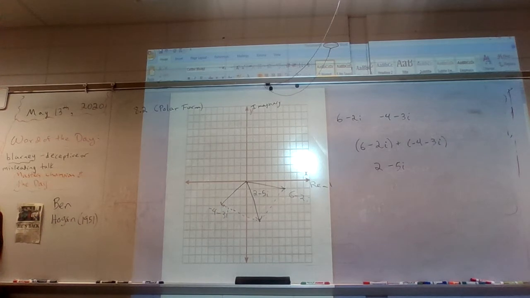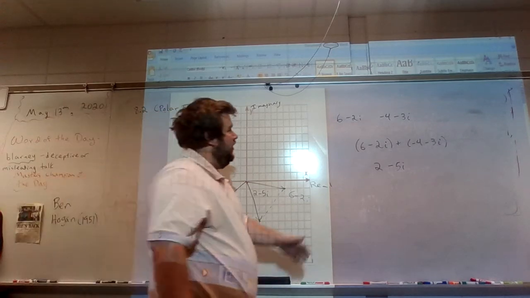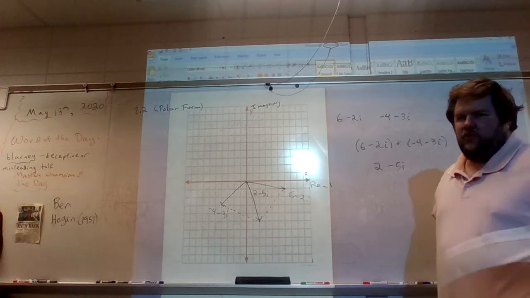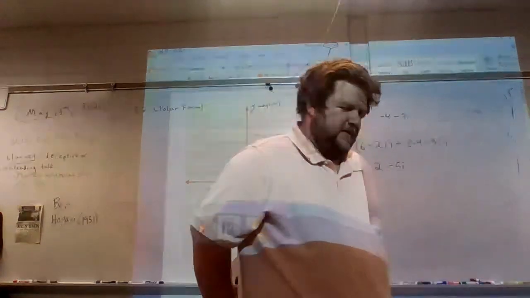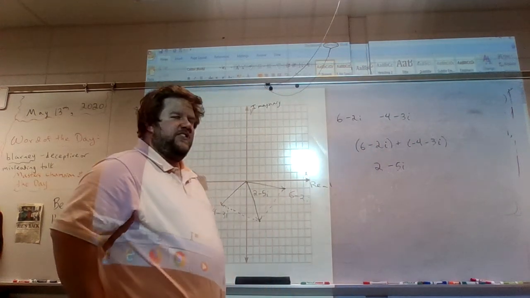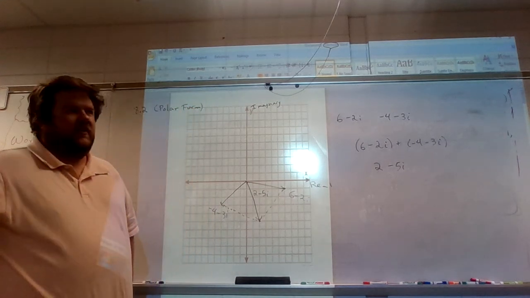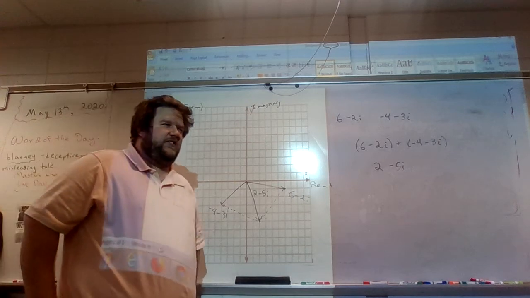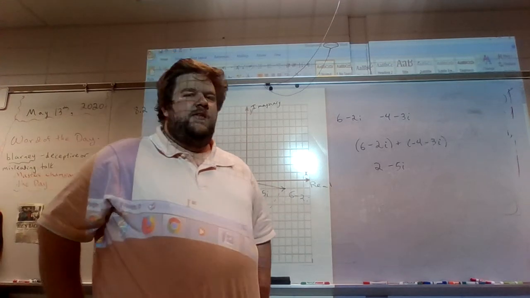What we actually want to talk about is another way entirely to write a complex number. I could write it like 6 minus 2i. There's another form called polar form where it might seem more complicated, but it's actually more useful to think about complex numbers in polar form.